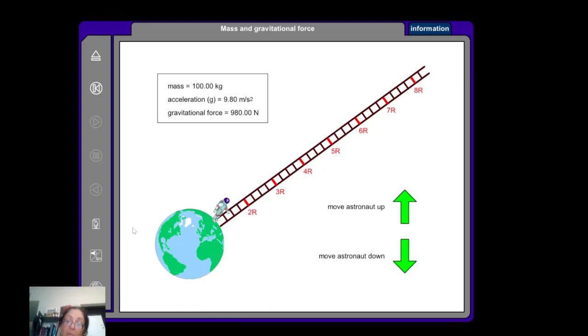So it's changing the property of space around it. And the mass is 100 kilogram. Gravitational force is 980 Newton.